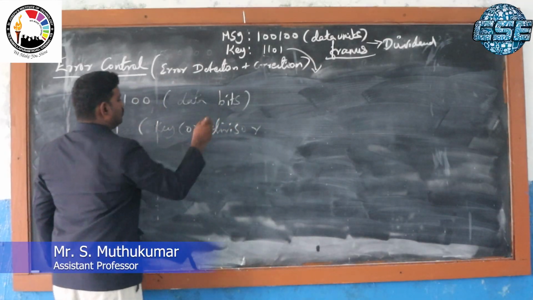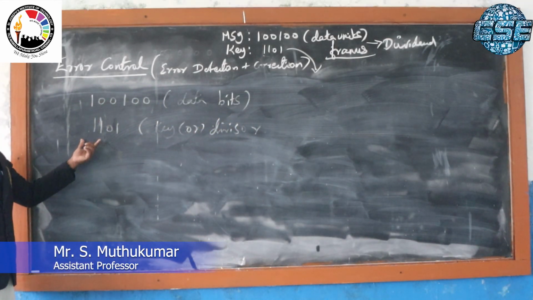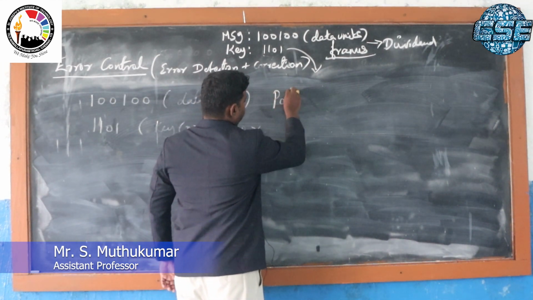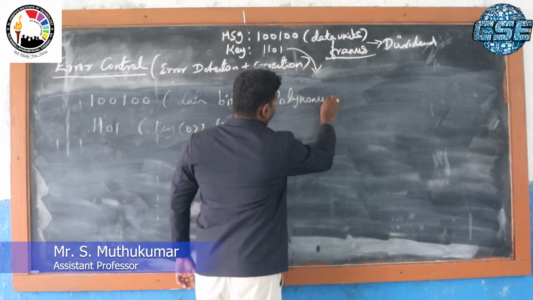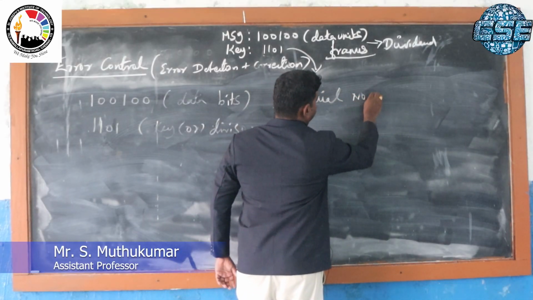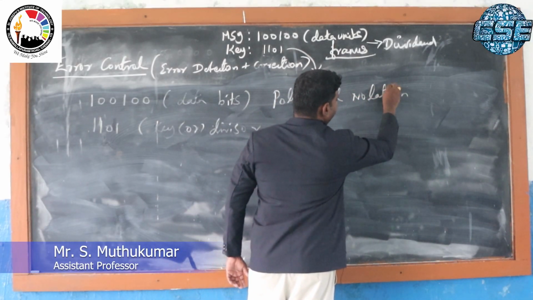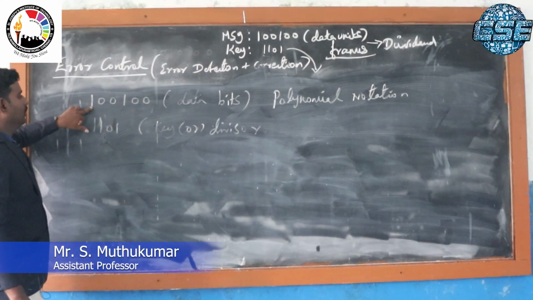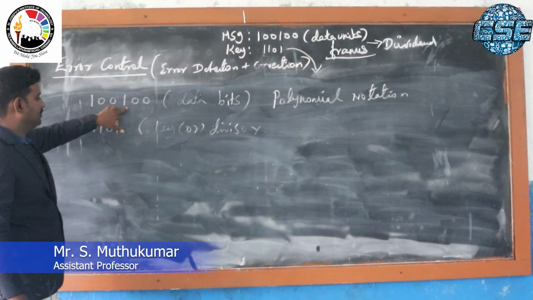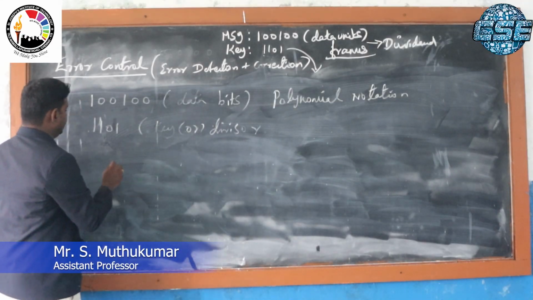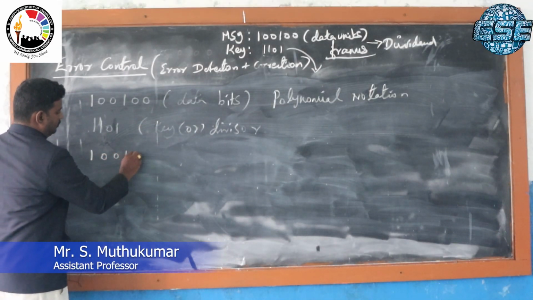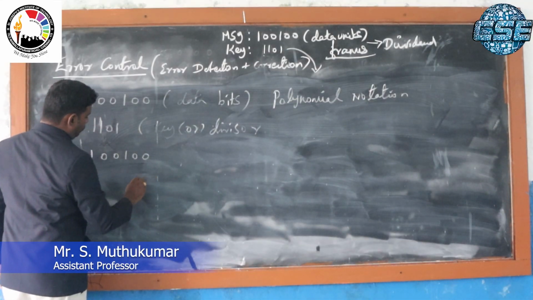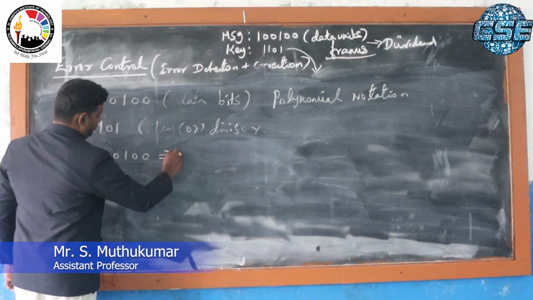This can be given in another notation called polynomial notation. So the data can be given in polynomial notation. That means you have to find the coefficients of the polynomial equation. So we can write the message in polynomial format, which means you have to write the coefficients.